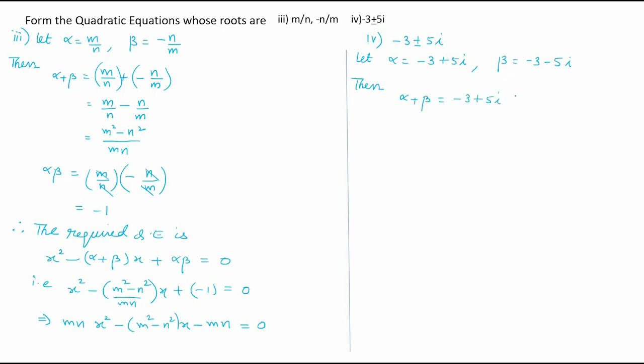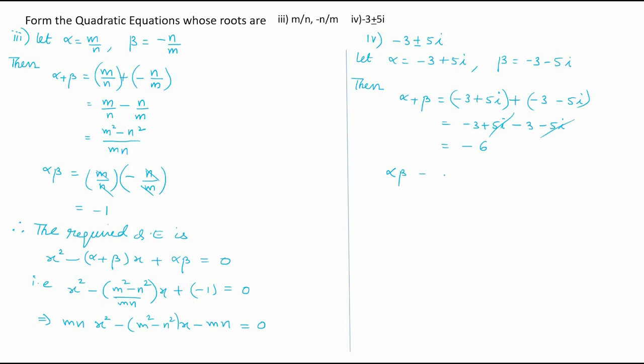So minus 3 plus 5i plus minus 3 minus 5i. So plus 5i minus 5i we can eliminate. Minus 3 minus 3 will be minus 6.